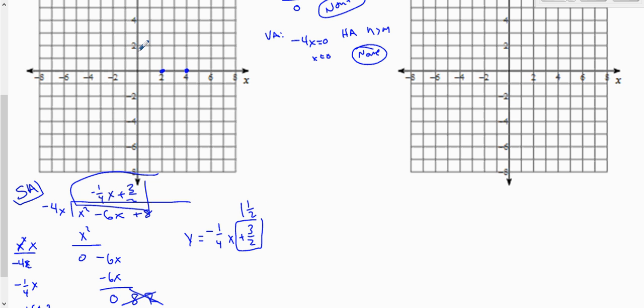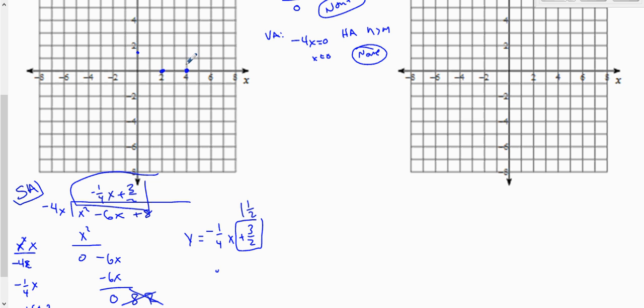So I'm going to plot that point only for the purposes of my asymptote. Now to apply the slope of negative 1/4, I'm going to go up 4, or I'm sorry, up 1. No, I'm sorry, I'm going to go down 1. It's a negative 1. I'm going to go down from 1.5 to 1/2, and then over 4 units. 1, 2, 3, 4.